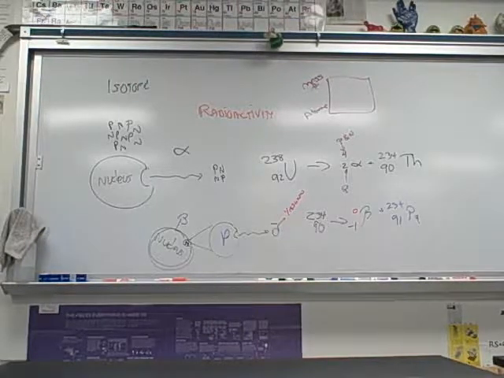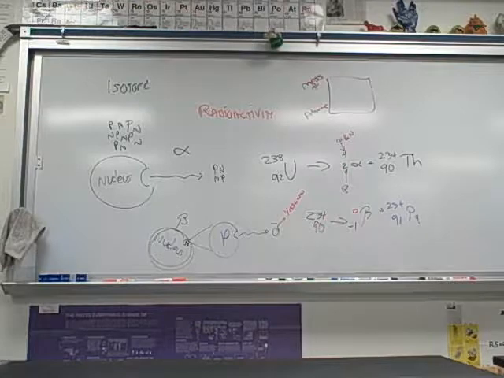Yes? Is it always going to turn into an element? Well, see, that's the beauty of this. It's always going to lose a beta particle or an alpha particle, so it'll either lose or gain protons. It never does half. So yeah, it'll always be a new element.